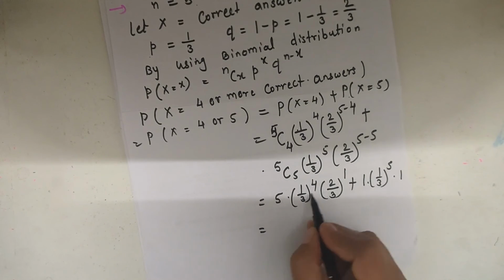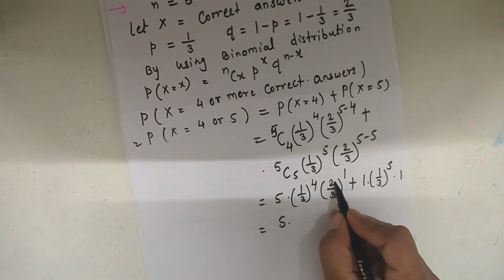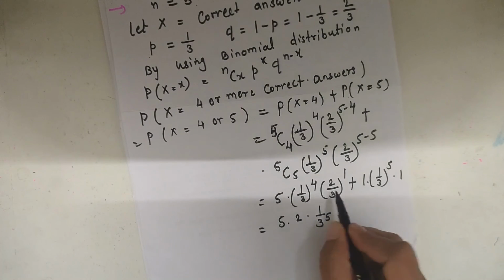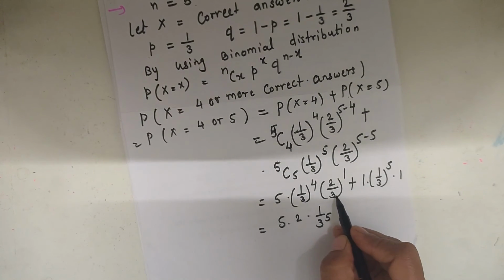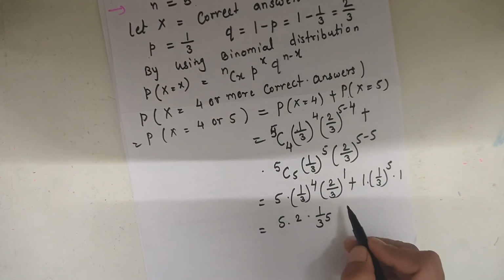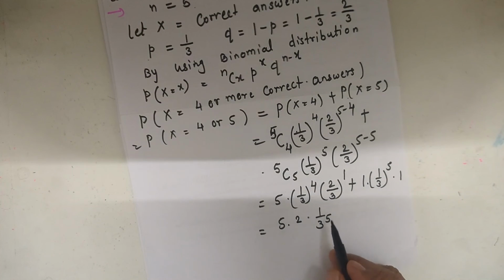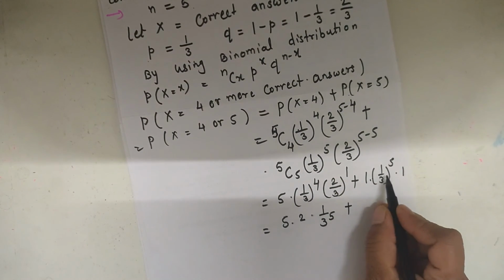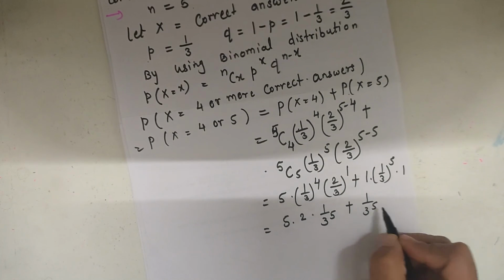Now 5 into 2 by 3, that is 2 into 1 by 3 raised to 5. By adding the index of 3, we get 1 upon 3 raised to 5 plus 1 into 1 into 1 by 3 raised to 5.